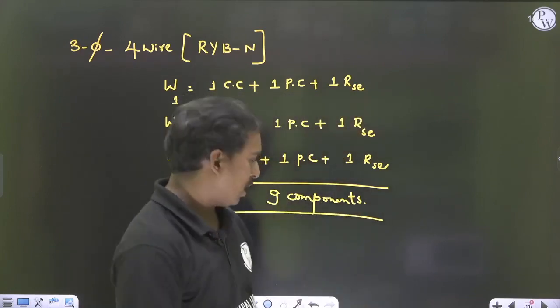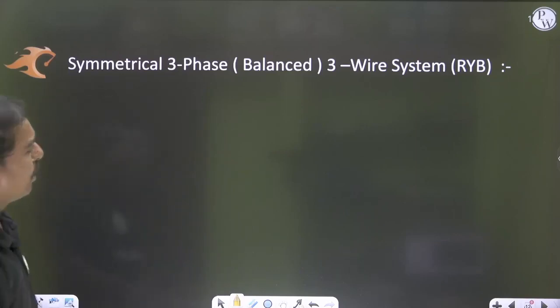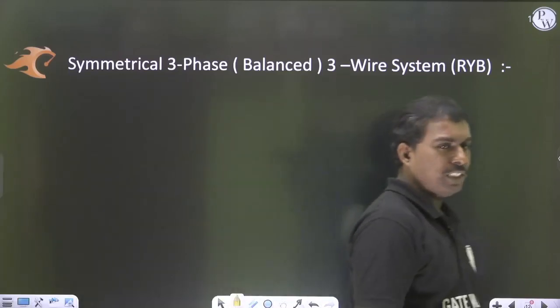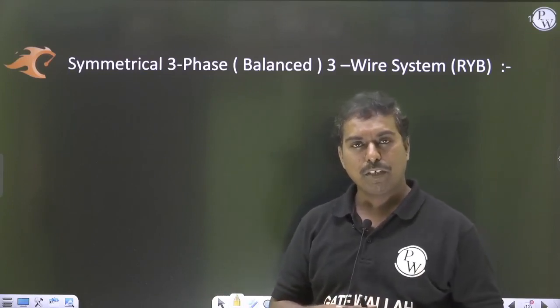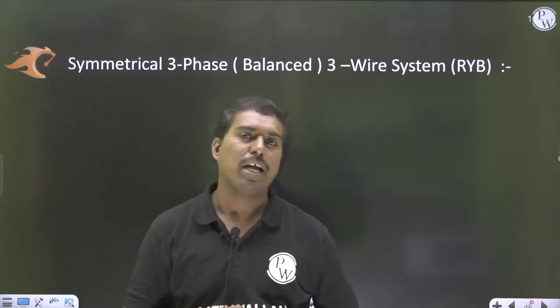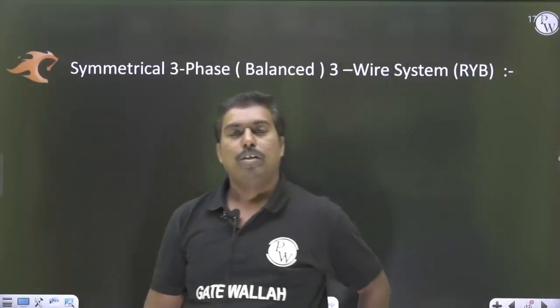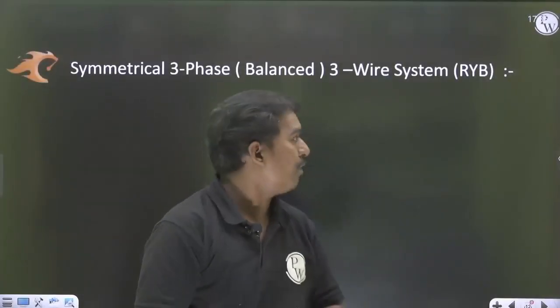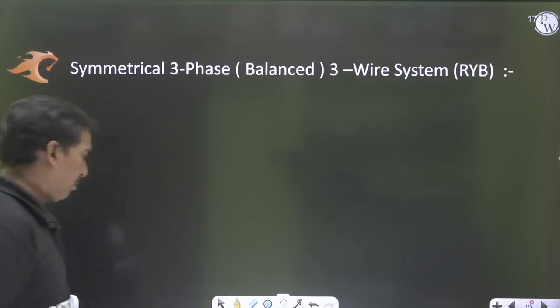So that is the next point, the 2 wattmeter method for the RYB. How is it possible? What is the RYB sequence? That means there is no neutral. Now in that common point we are taking one line, either Y or B, and we are connecting the wattmeter. So that we will discuss. Chalo. Now we'll start the 3-phase balanced 3-wire system. How does it look?